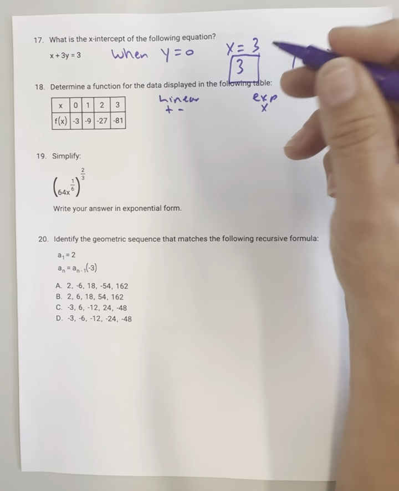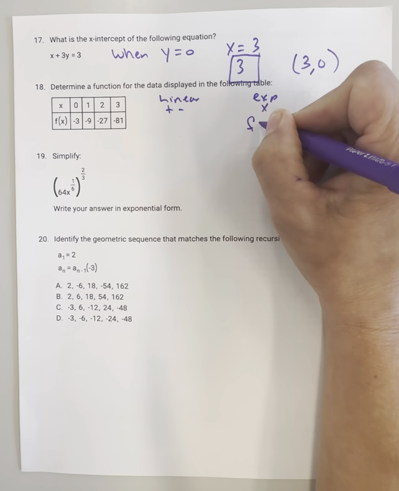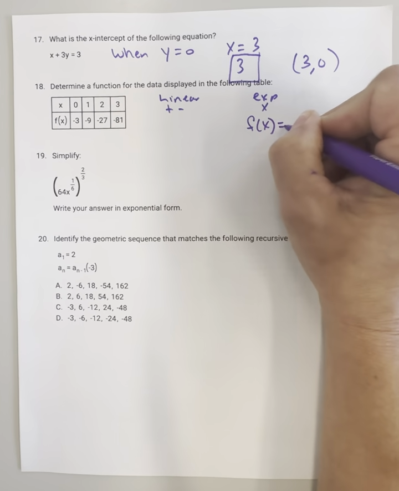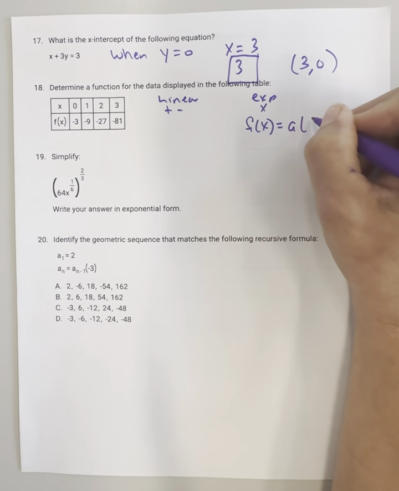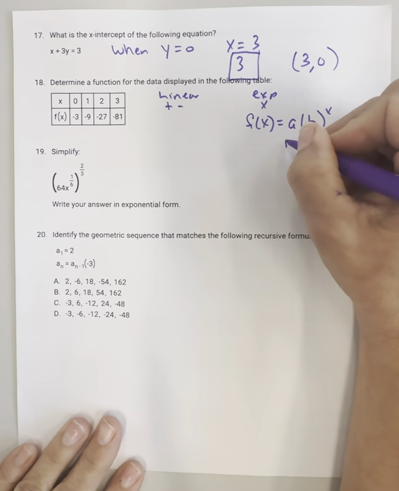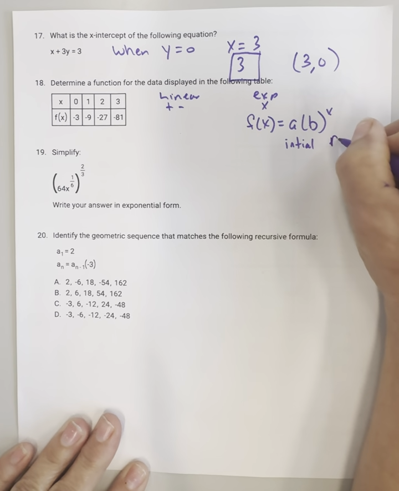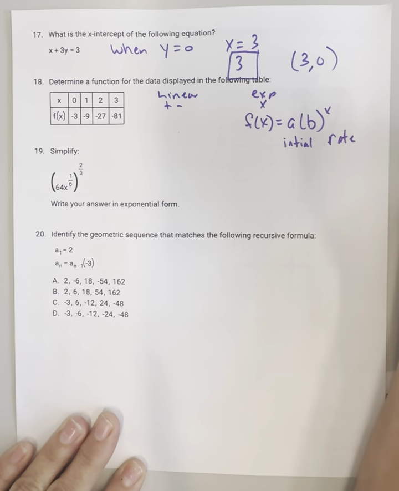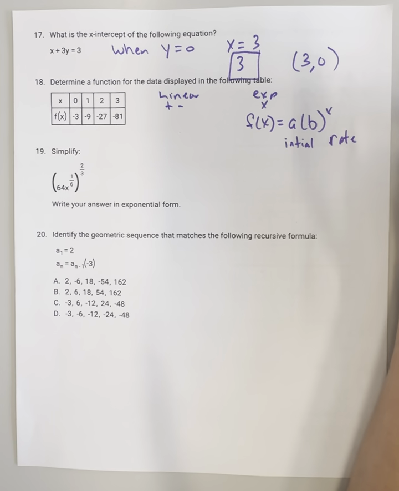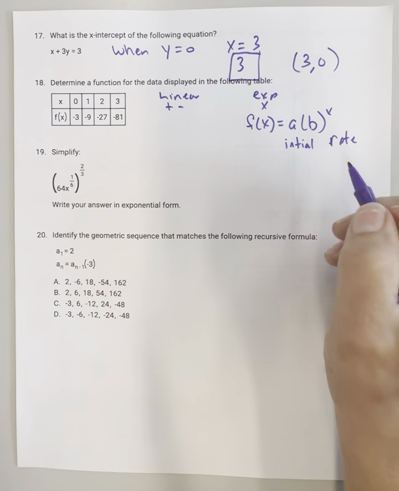So times 3. So your exponential function formula is f of x equals a times b raised to the x, where a is your initial and b is your rate. And it can also be, if you're given a percent, you're going to either add it or subtract it from 100 or 1.